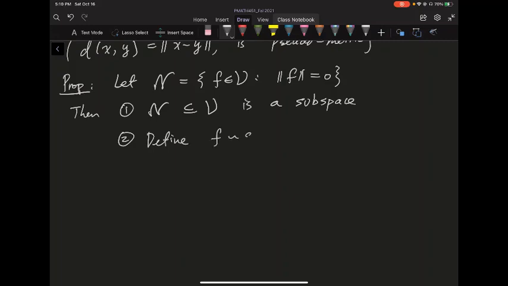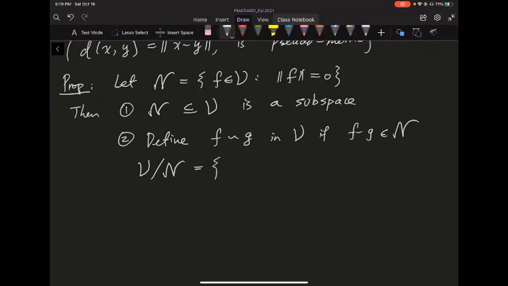You say f is equivalent to g inside V if f minus g is inside this space. That's exactly how I define the quotient vector space. You consider all the equivalence classes, which give you a vector space.